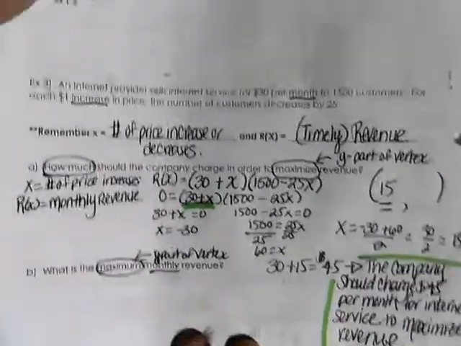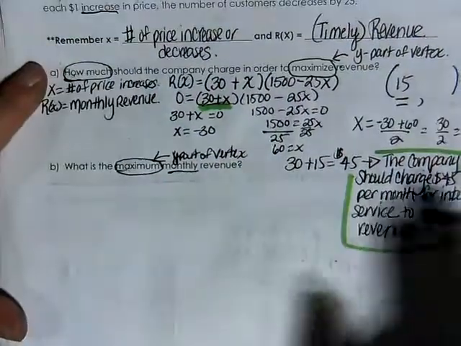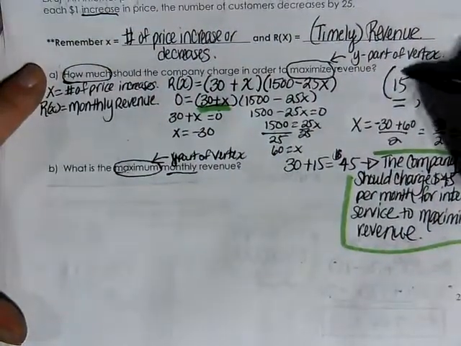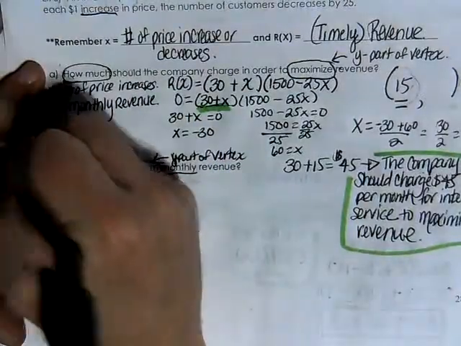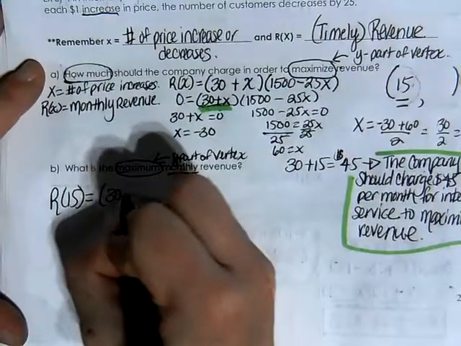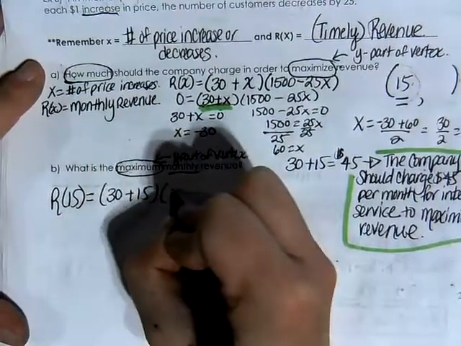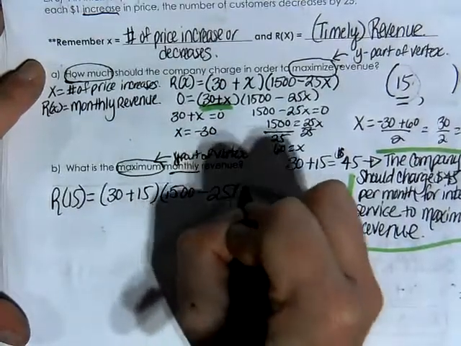Now let's go ahead and find out what that maximum monthly revenue actually is. So going back to working with our vertex x being 15, I'm going to go R of 15 is equal to 30 plus 15 times 1,500 minus 25 times 15.